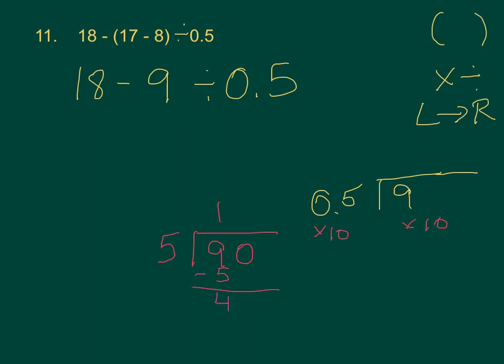That leaves me with 4. Bring down the next digit, and I can get 8 groups of 5 out of 40. That means that I have 18, take away, and then I've already done the 9 divided by 1/2, 18. Well, that just leaves me with one operation, and that means that when I evaluate this expression, simplest form is 0.